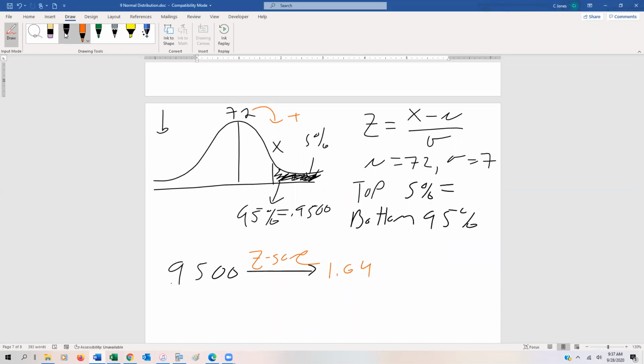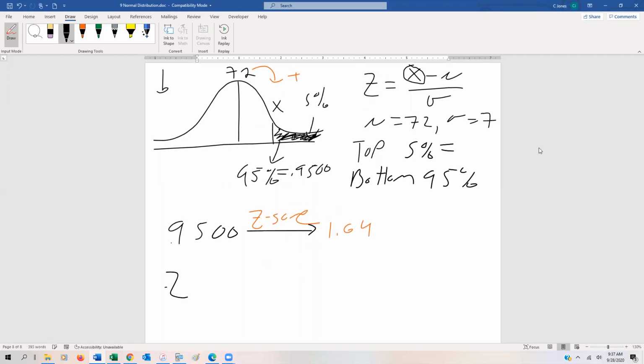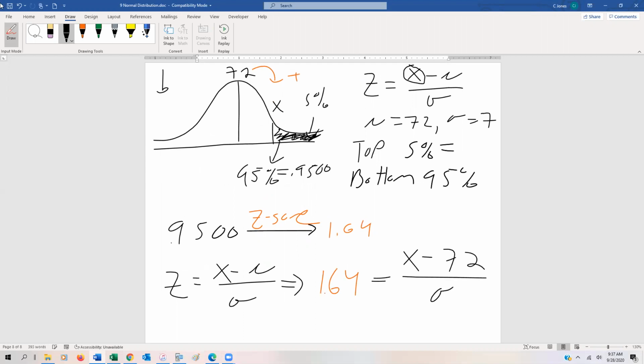And then what we're going to do is we're going to substitute that into our formula. And remember, we're solving for x. And so our formula, z equals x minus mu divided by sigma, now becomes 1.64, which is the z that we just found, is going to be equal to x minus 72, which is the mean, divided by sigma, and we already know sigma is 7.